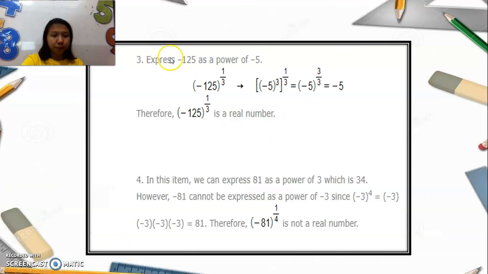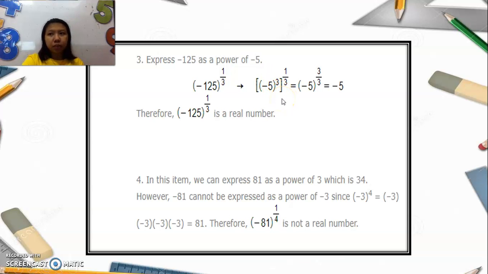Okay, next one. Express negative 125 as a power of negative 5. So, for example, I have here negative 125 raised to 1/3. Okay, so we need to think of a number that when we raise it to 3, it will be equal to negative 125. So when we multiply negative 5 by negative 5, it will be 25.